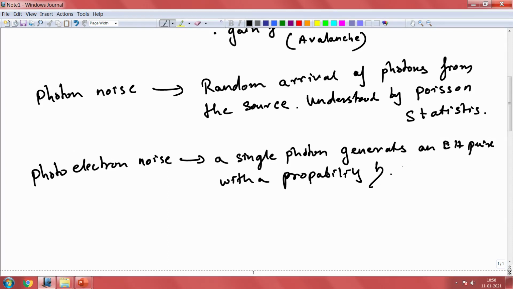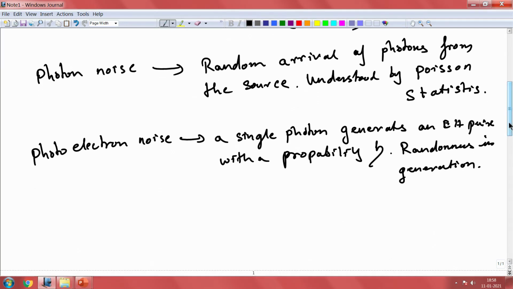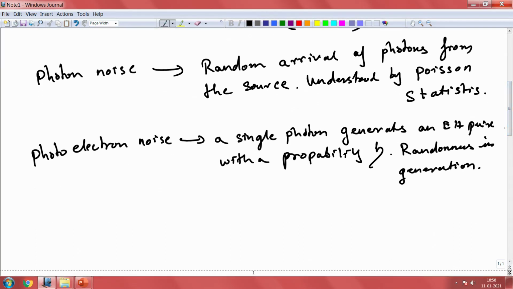There is a randomness in generation, and that is characterized by this particular photoelectron noise.